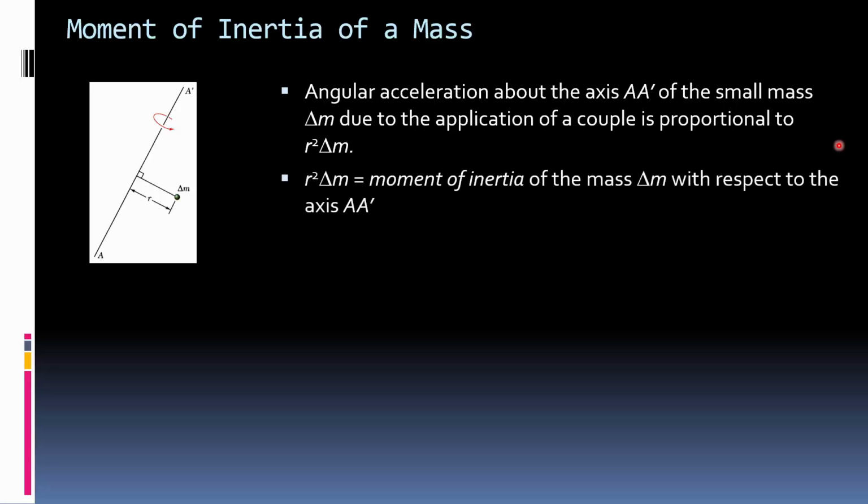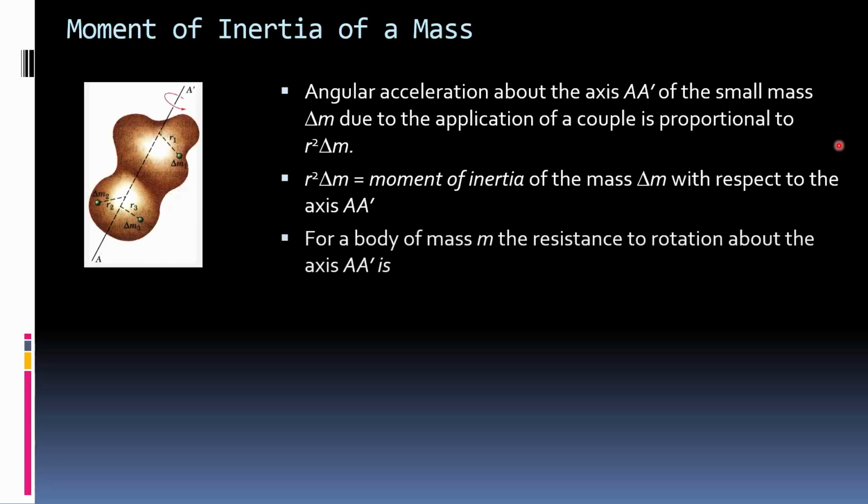Okay. So r squared delta m is the moment of inertia of mass with respect to the axis. And so when you have a body, your really funky shaped potato here, it has some mass. Its resistance to rotation about the axis is its mass moment of inertia.